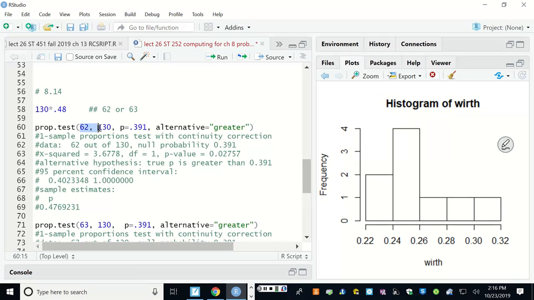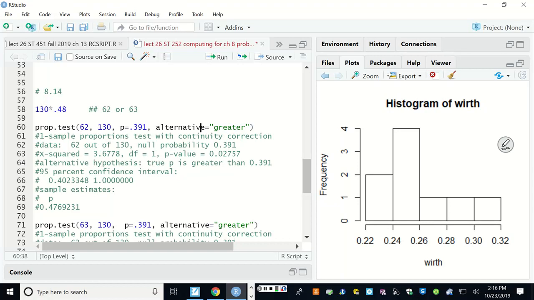The prop.test command in R can test it in any case. Right? So if we think it's 62, out of 130, this is x and this is n. This is our null hypothesis value that goes in there. And we can give an alternative that it's greater than that. Right? So it's going to be a one sample proportion test.